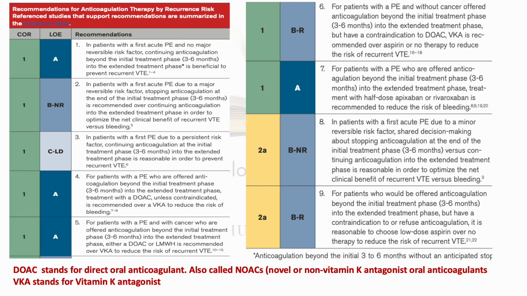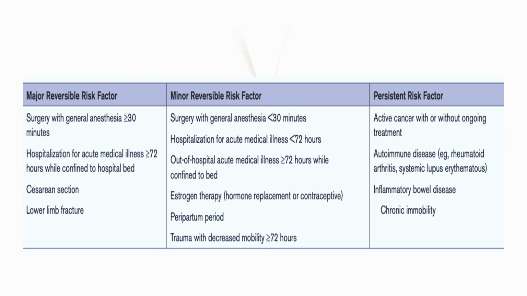So this is very, very strong evidence, and I think this table gives us a lot of information on what to do with a lot of clarity. So let me summarize it. If there's a major reversible risk factor such as a surgery with general anesthesia or hospitalization for acute illness or a cesarean or a lower limb fracture and the patient is improved, you may not give them extended phase.